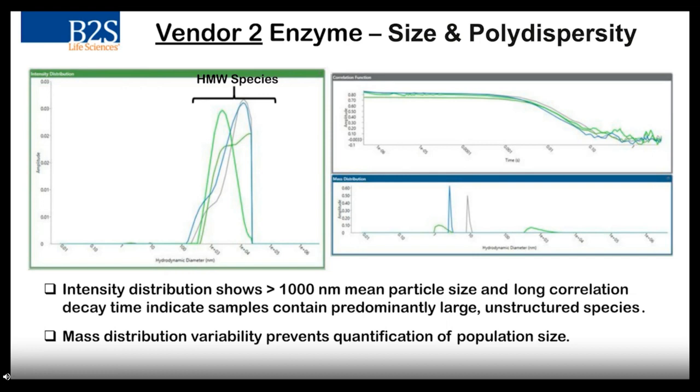What that means to us is that this material was probably aggregated as received. So if you look at the mass distribution, it's all over the place and uninterpretable. But the correlation function and the intensity distribution indicate that by and large, the predominant species are large particles.